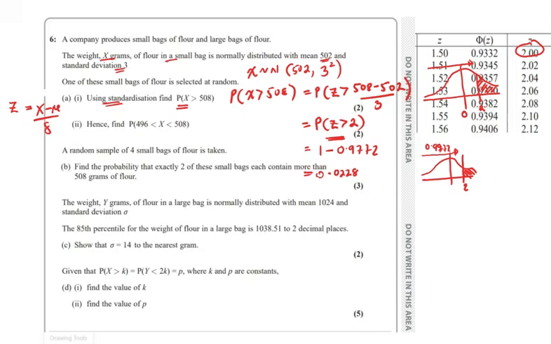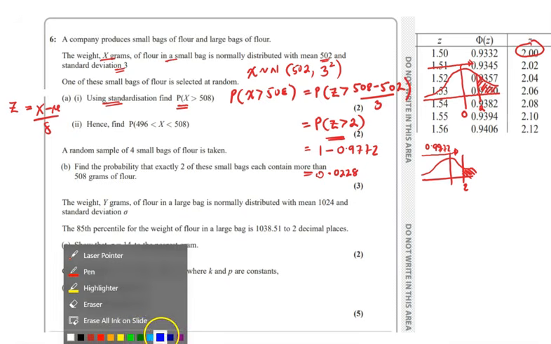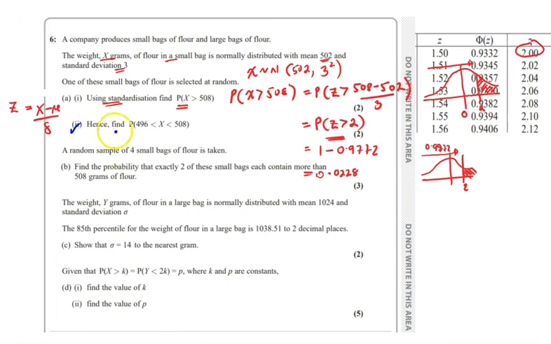Next question, you're looking for part 2. I'll change the color here. Part 2, we have the probability between 496 and 508. But when you see this number here, this number is the same as the first one. So we try to see if there's a relationship. Now, if I draw this, and I always use sketches, this is 500 and 508.